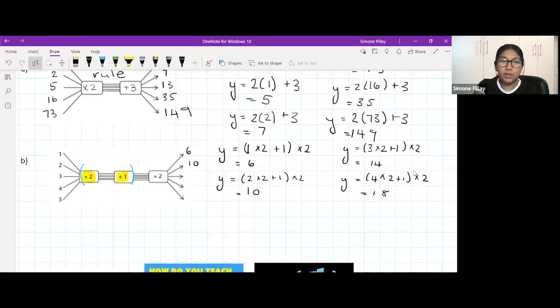And let's do our last one at the bottom here. Y is equal to 5 times 2 plus 1. And then I multiply by 2. I'm just following my rule and putting my input in, and I'm calculating what my output is going to be. 5 times 2 is 10 plus 1, 11. And 11 times 2 is 22.